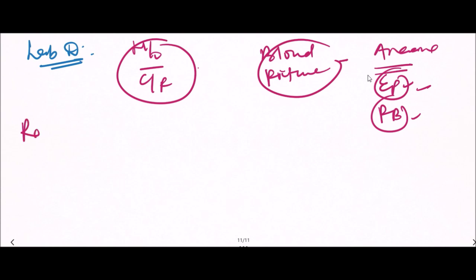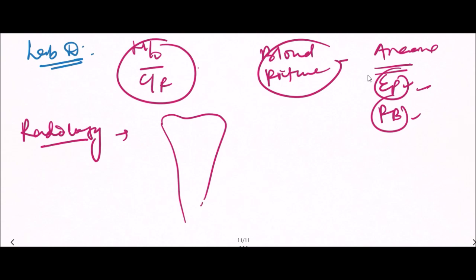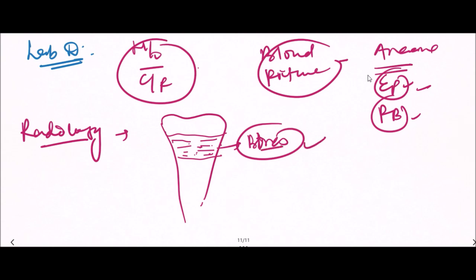Then sometimes we can go for radiographic investigation, which shows dark transverse bands due to deposition of lead underneath the metaphysis, in the long bones.